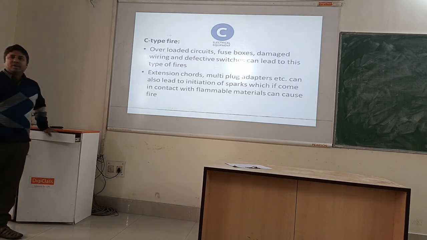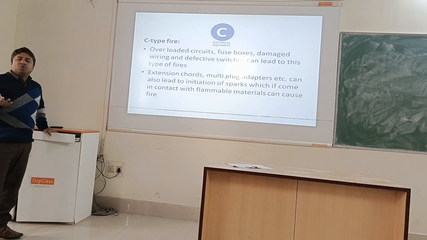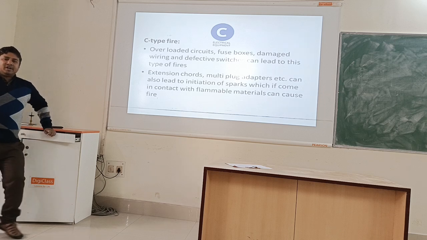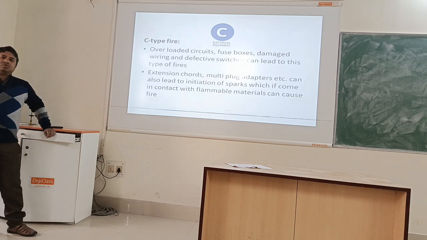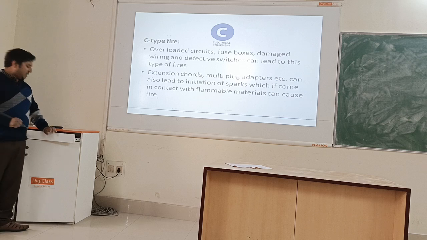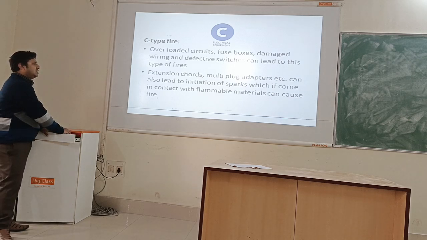The old wiring present in degraded buildings, you will find that this type of fire catches there, and there are also extension cords and multiple plug adapters. This can lead to the ignition of a spark. So all the fires that are caught by this electrical equipment fall under the C type category.